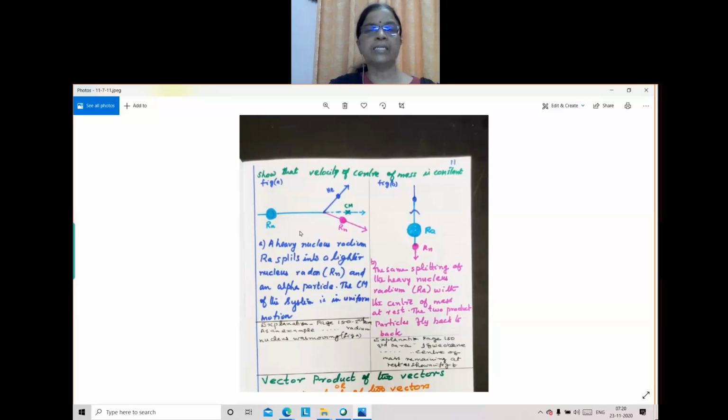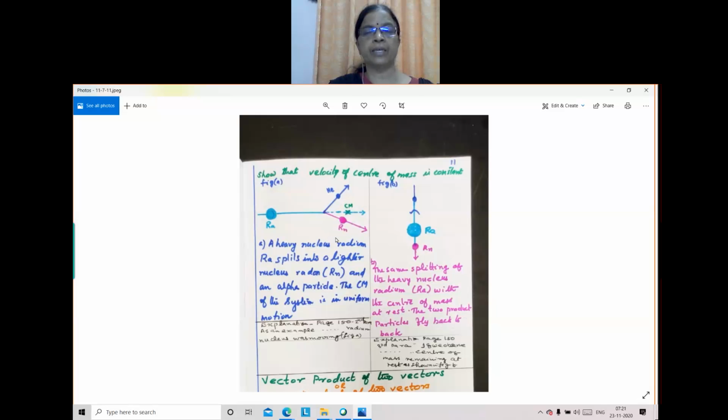So here you can see a radium element decays. Suppose the radium element was moving with uniform velocity, and in between, it decays. That means it changes into another element, emitting some radiation. The alpha particle is emitted from it and moves in one direction, and another element, radon, is created.